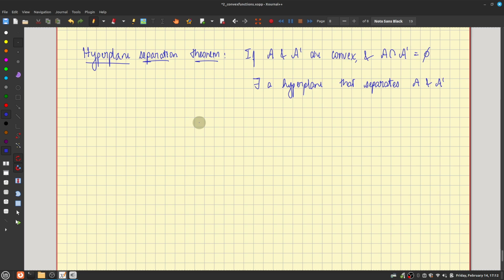So this is a useful notion, but another useful notion is the notion of a supporting hyperplane, which mimics what a tangent does for functions, right?